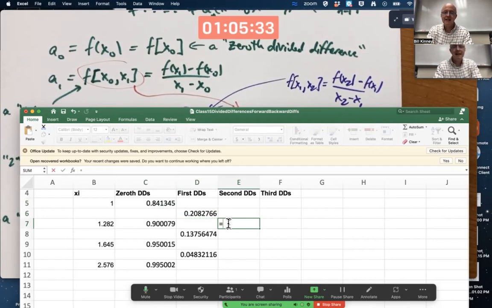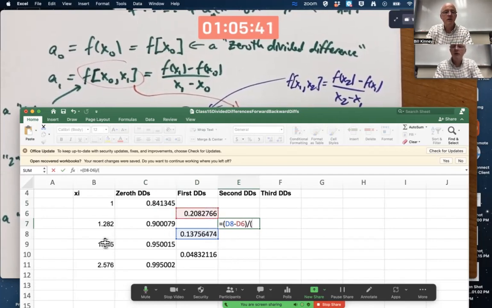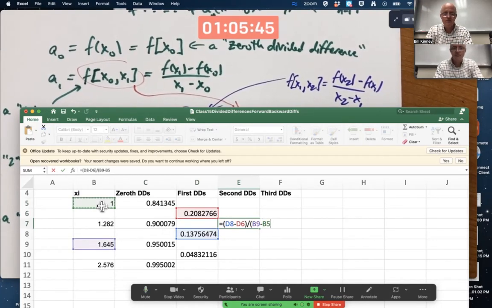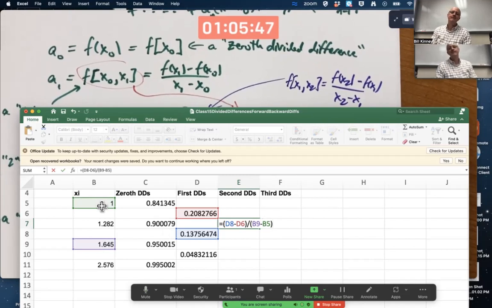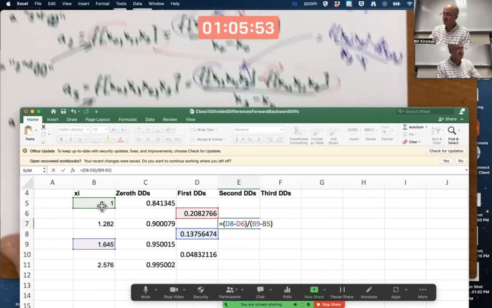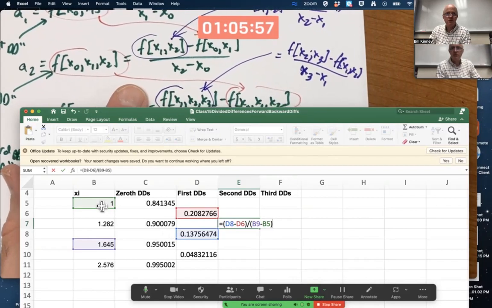For this spot, it's a second divided difference. It's a divided difference of first divided differences. This is iterative. But divide by now, careful, x2 minus x0. Catch that? So for the second divided differences, I'm using this formula right here now, and this will be the value of A2.